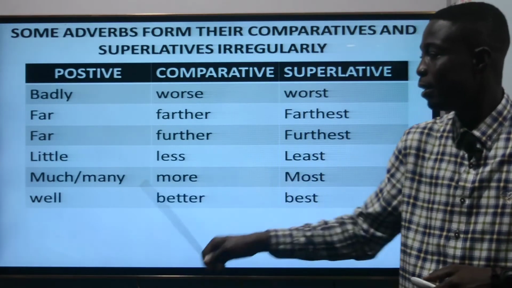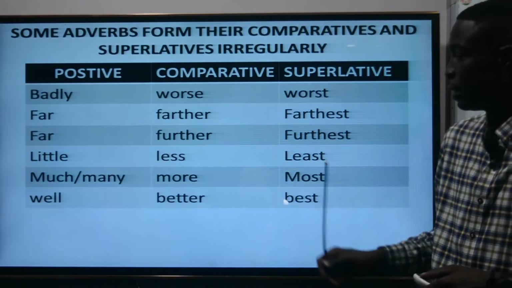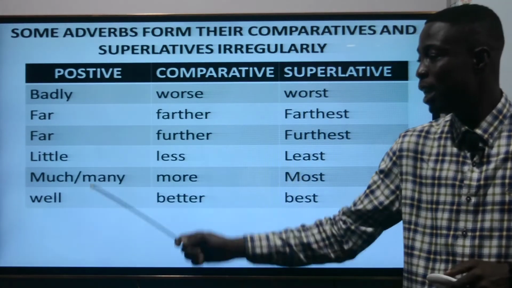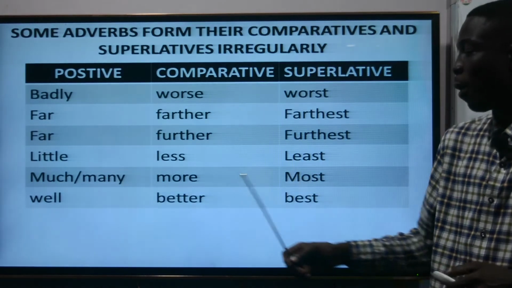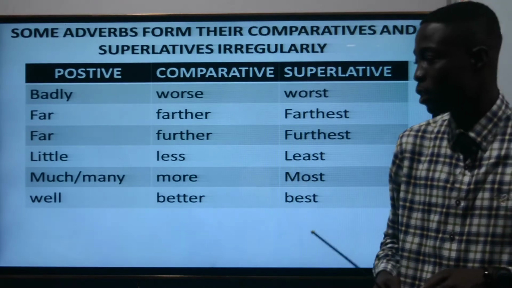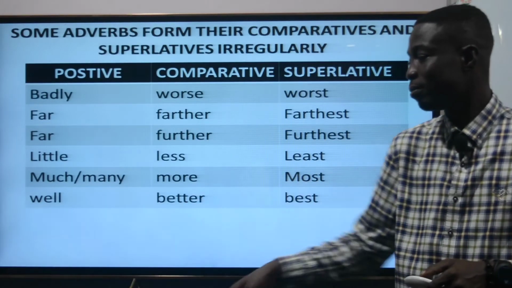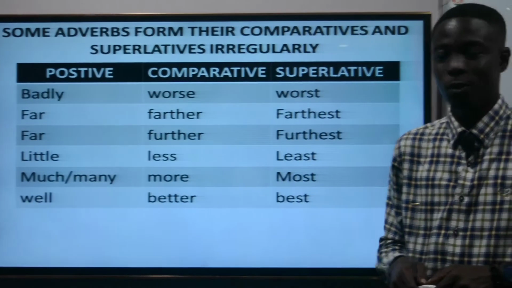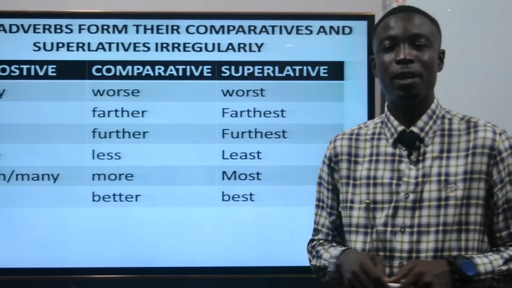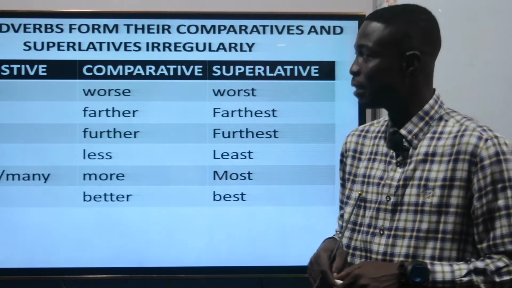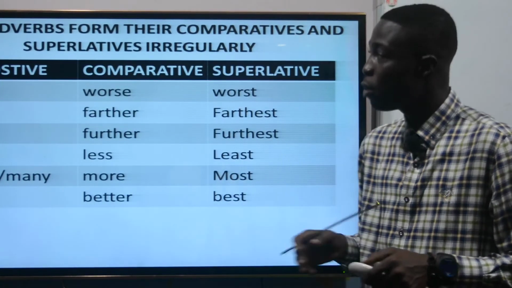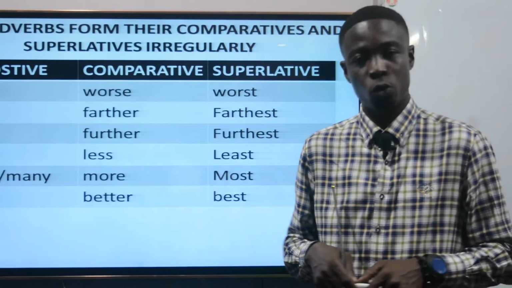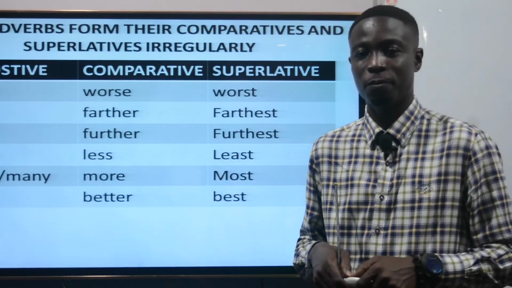Little, less, least. Much or many, more, most. Well, better, best. These are just a few of the irregular adverbs, with their comparative and superlative forms.